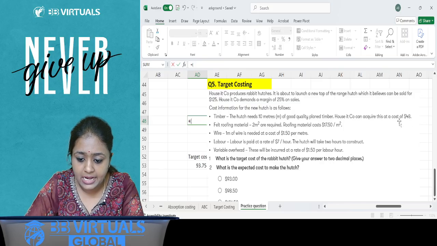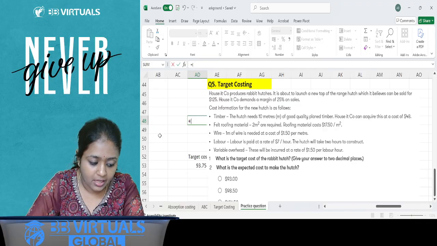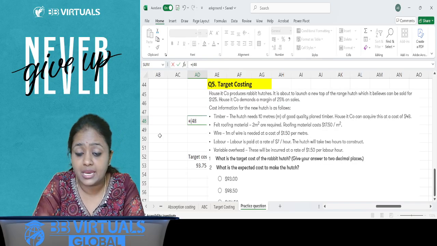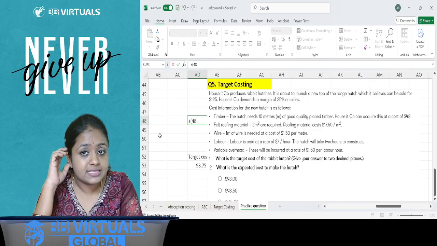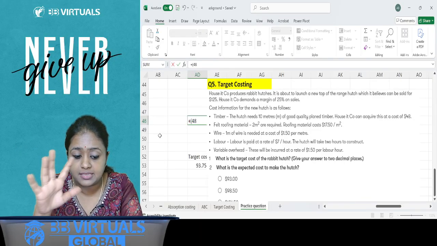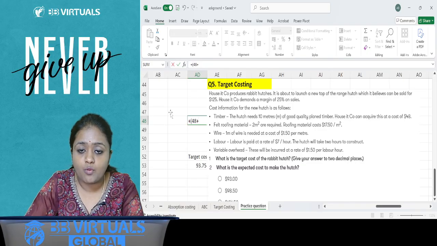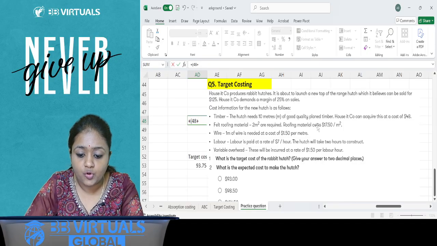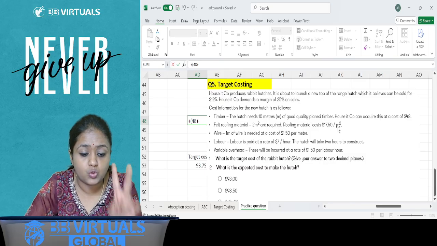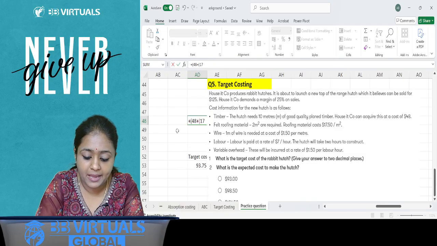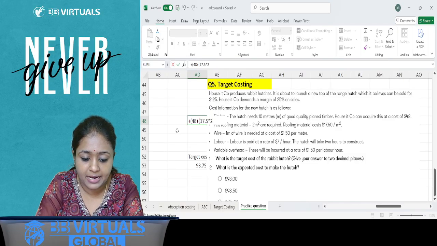Houseit company can acquire this at a cost of 48, so the total cost to acquire is 48, not 48 into 10. It says it can acquire these 10 meters at 48, so we apply 48 here. Plus, it requires roofing. 2 square meters are required. Roofing materials cost 17.5 per square meter. We need 2 square meters, so I will multiply 17.5 by 2.